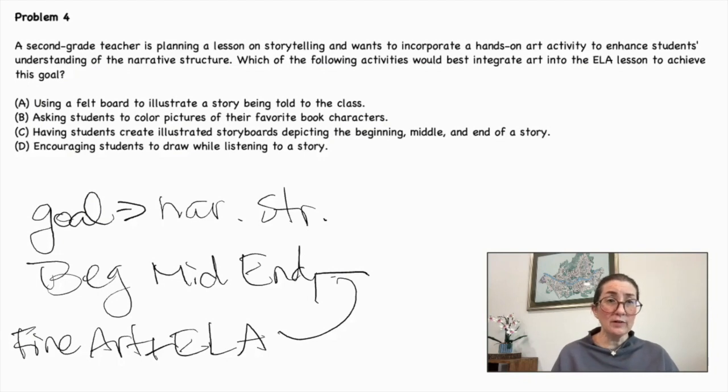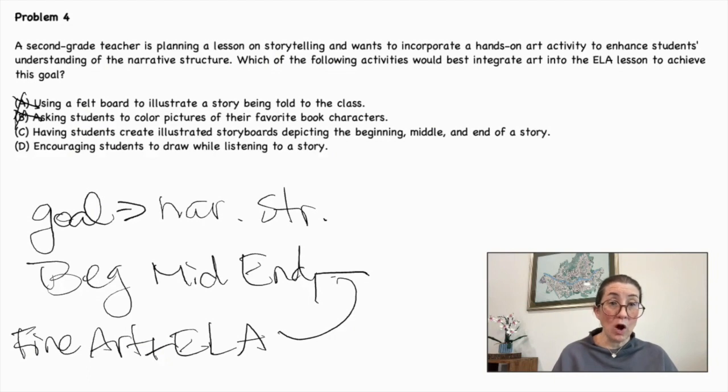Using a felt board to illustrate a story being told to the class. That does not combine the goals that the teacher has, so that is not the correct answer. Asking students to color pictures of their favorite book characters. It is not even fine art, it's coloring, and it doesn't help them understand the structure, so it's not that either.